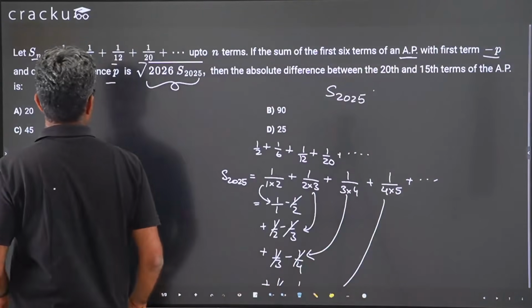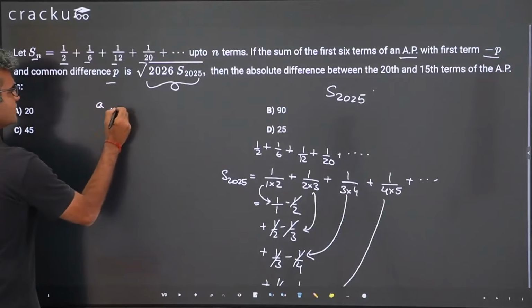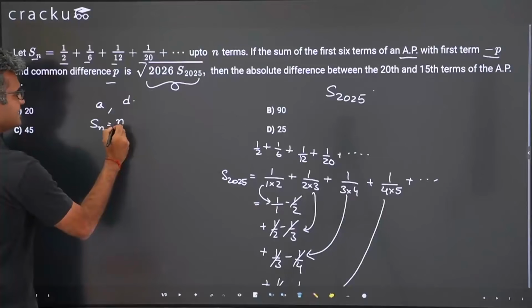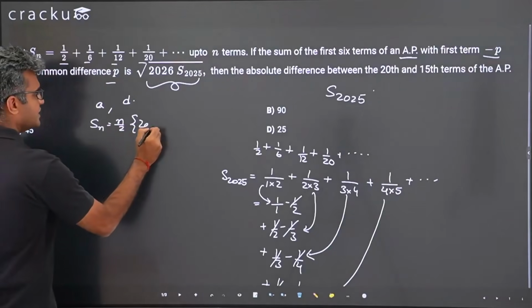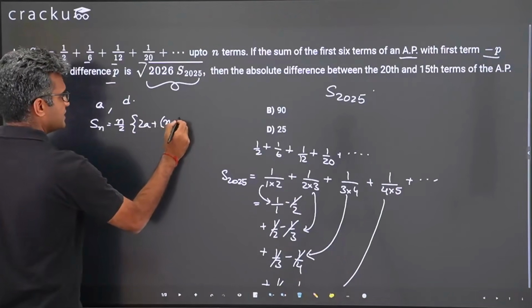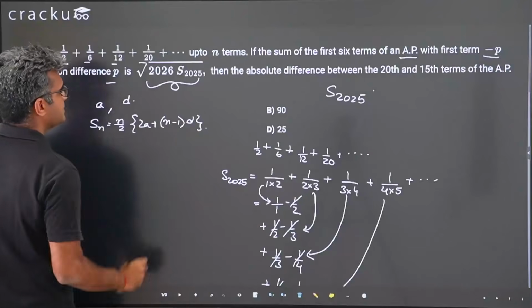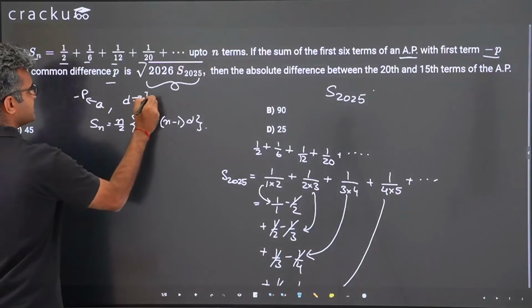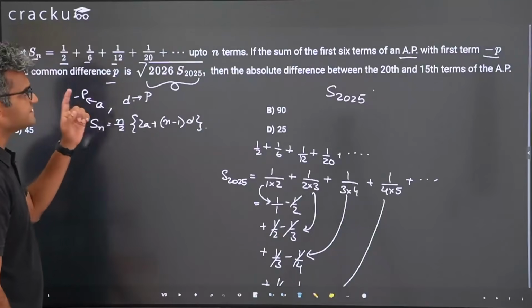If you have an arithmetic progression where the first term is a and the common difference is d, the sum of the first n terms is given by n by 2 into 2a plus n minus 1 into d. Here the first term is minus p. The common difference is p. And we are asked to calculate the sum of the first 6 terms.